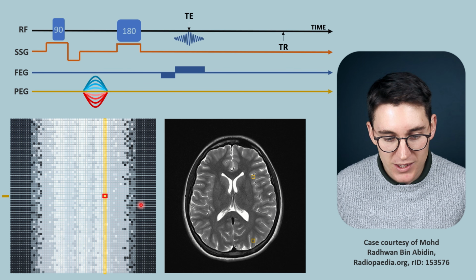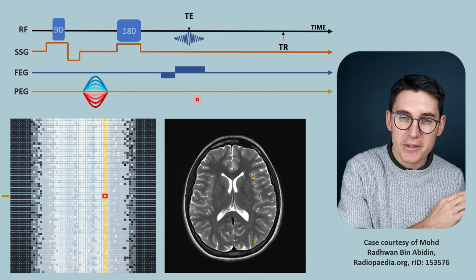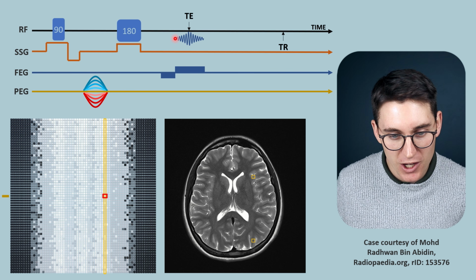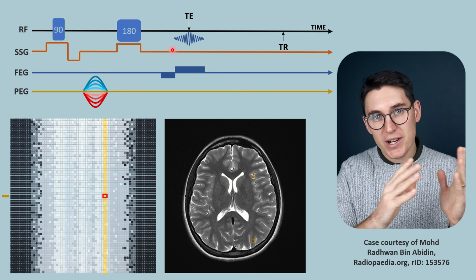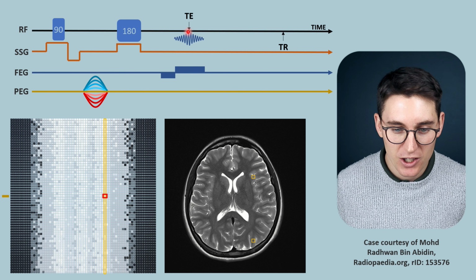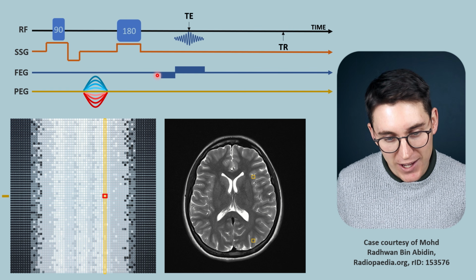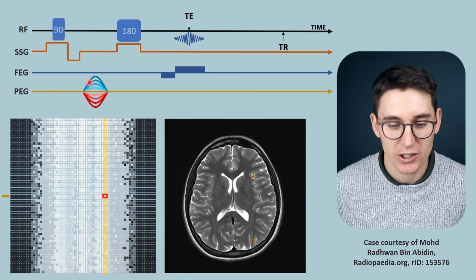Now, there'll only be one period of time along our pulse sequence when the spins will be perfectly in phase with one another, and that's TE. Remember, we get this increase in signal as those spins are rephasing with one another and they're perfectly in phase at TE. Not only are they perfectly in phase at TE based on our slice selection gradient, they are also perfectly in phase at TE based on the frequency encoding gradient.